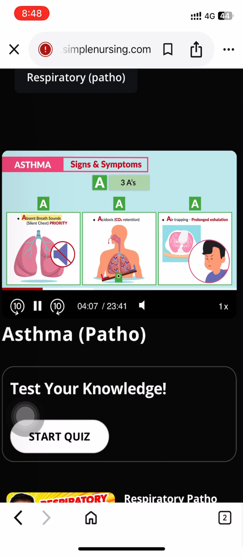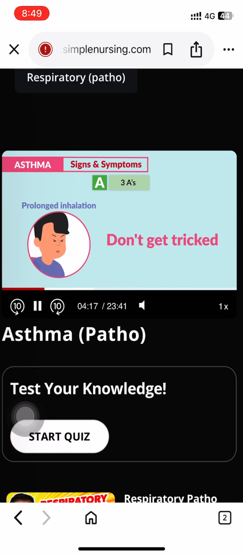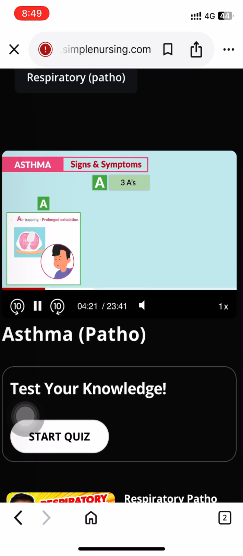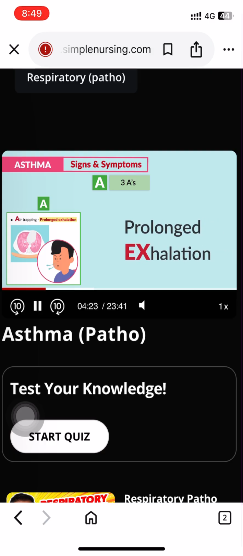Acidosis, that CO2 retention, and air trapping. So we get prolonged exhalation. Write that down. Prolonged exhalation. Now, don't get tricked here. Not prolonged inhalation. We see the key term once again, prolonged exhalation, breathing out.